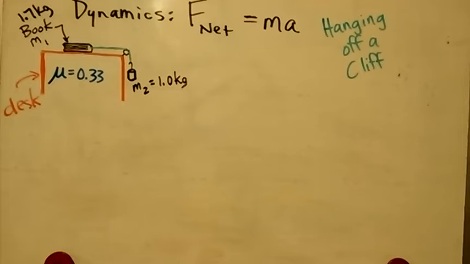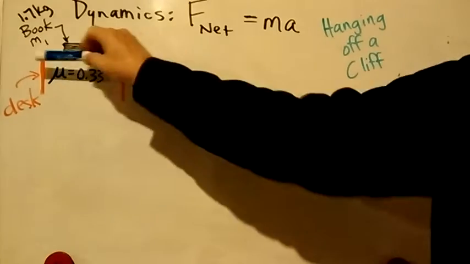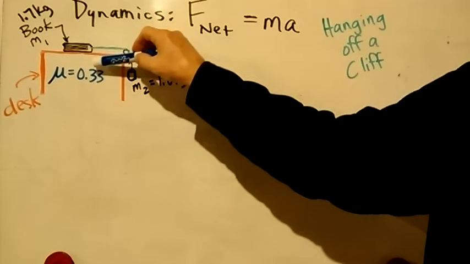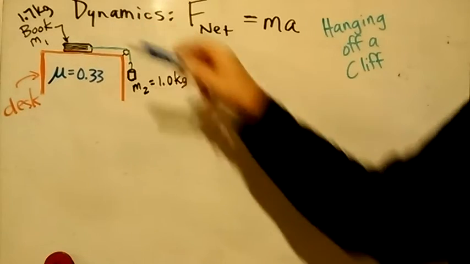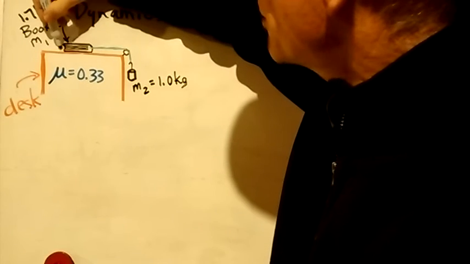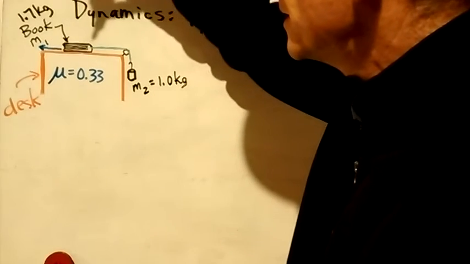In this example, we'll say that the coefficient of friction between the tabletop, which is a horizontal tabletop, and the book is 0.33. So we'll need to calculate that force of friction. The force of friction is stopping the book from moving, so it's in that direction.